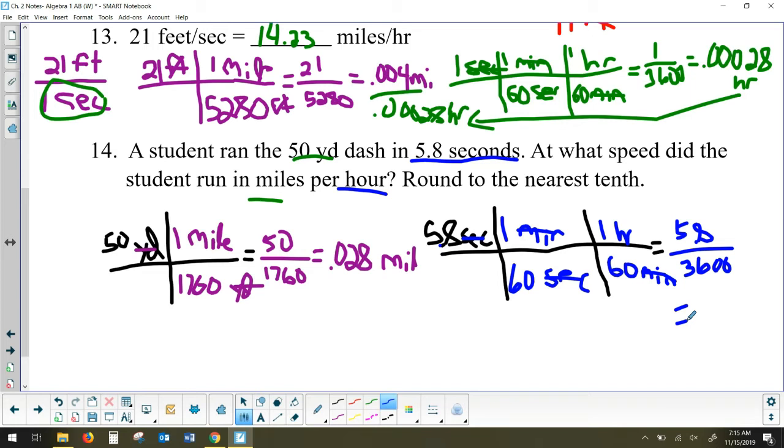Write that in your calculator. I have 0.0016.